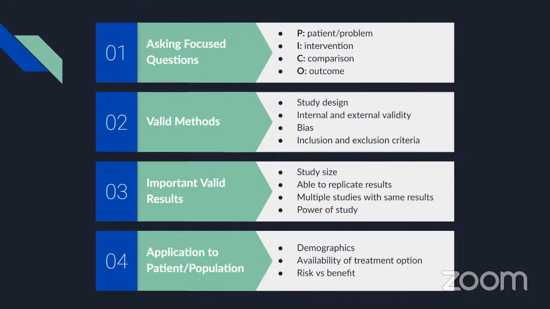And if we answer yes to all those questions, we then have something we can actually use as evidence for changing practice, because we've decided that the evidence we've appraised is significant and it can actually be applied with significance to our population. Then we follow the rest of the steps of our EBP process, which is applying our guidelines, applying our practice and evaluating whether it's worked or not. But that isn't necessarily part of our appraisal. That's part of the evidence-based practice approach.